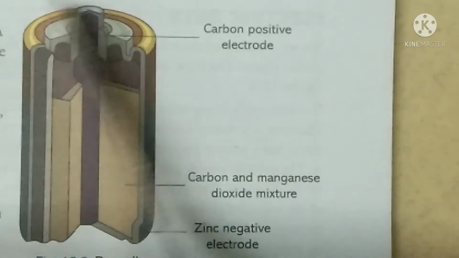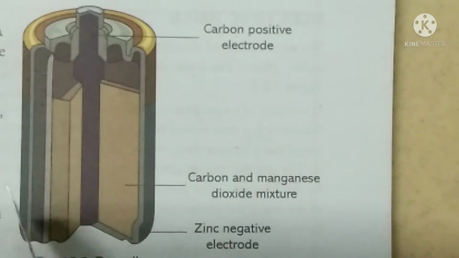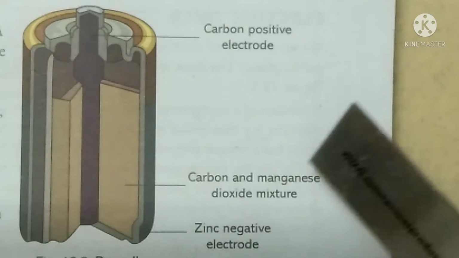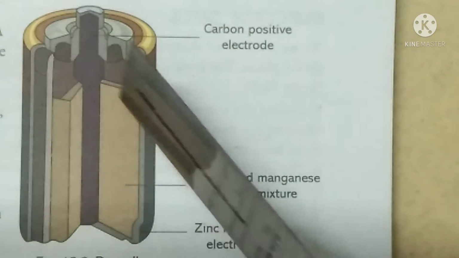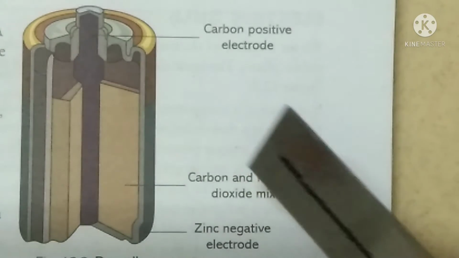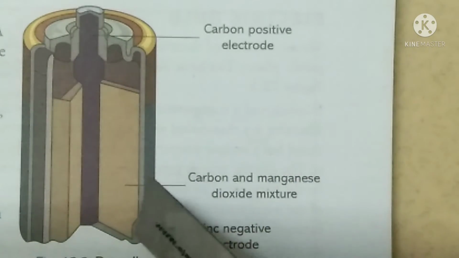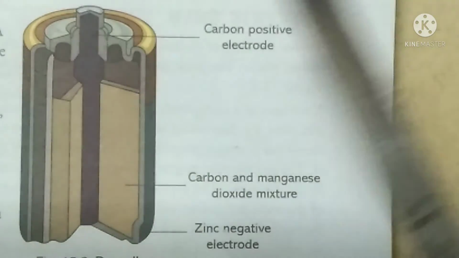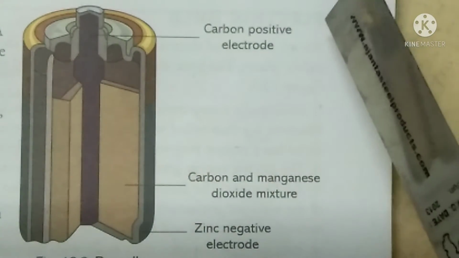Now it has a container, and in that container a carbon and manganese dioxide mixture will be there, and there will be a negative electrode also. So these are the main ingredients inside the dry cell.